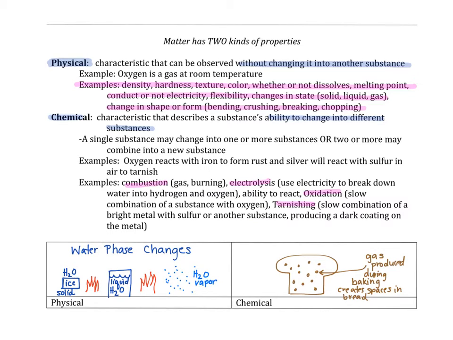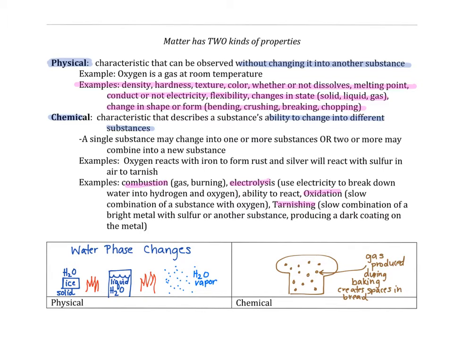Things that are physical properties are density, hardness, texture, color, whether or not something dissolves. So for example, if I drop a piece of gold, will it dissolve in water?